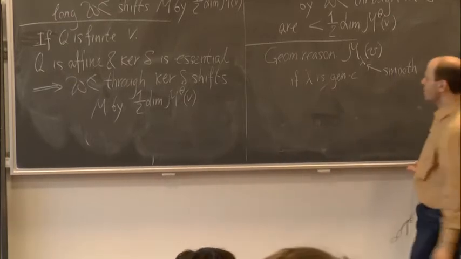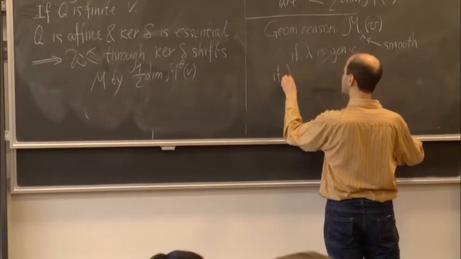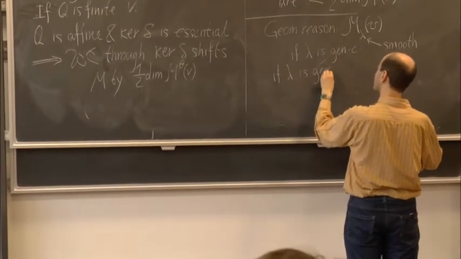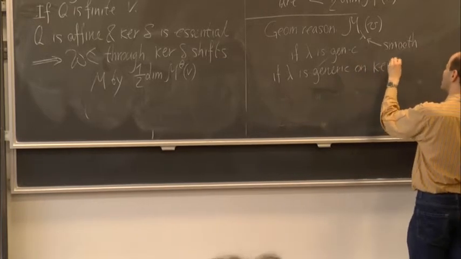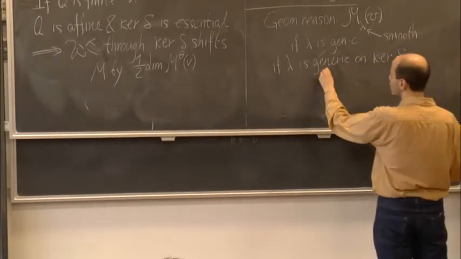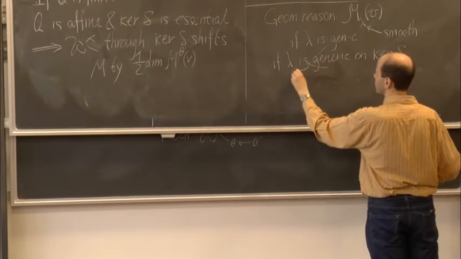Now, what happens if lambda is generic on ker delta? Generic would mean Zariski generic.